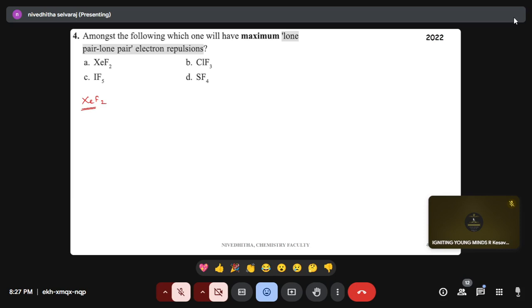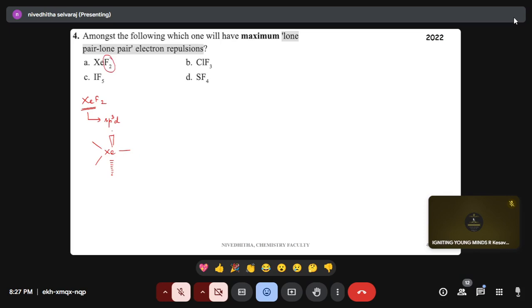sp3d, right. So xenon can form 5 chemical bonds, 1, 2, 3, 4 and 5. But in this molecule, xenon has only 2 fluorine as terminal atoms.